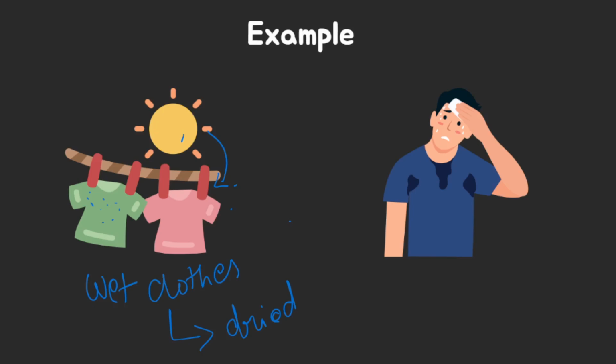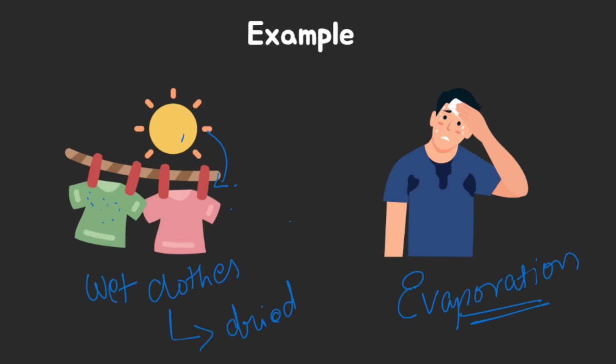On a very sunny, hot summer day, how do you feel? It's very hot, and your body is full of sweat. So how does it move out? Because of evaporation, the sweat cools down. So this is another example.